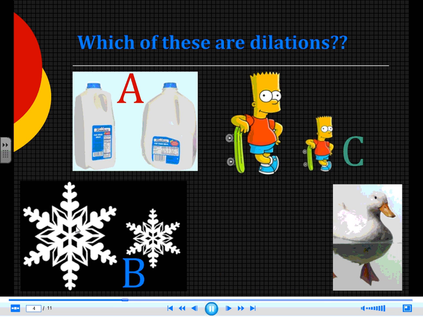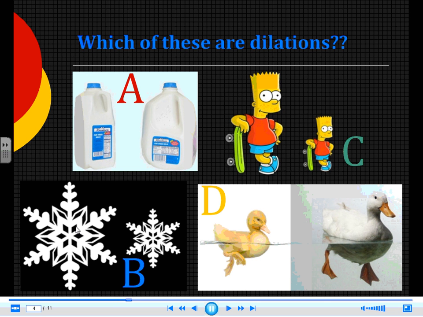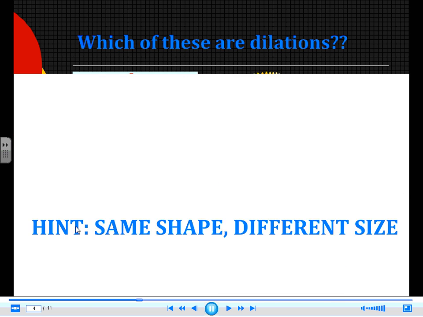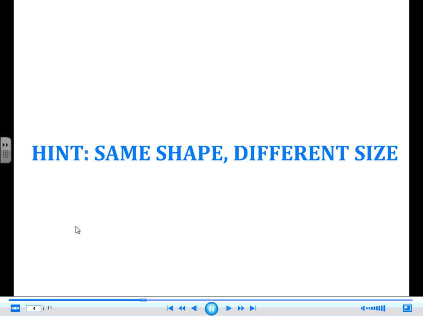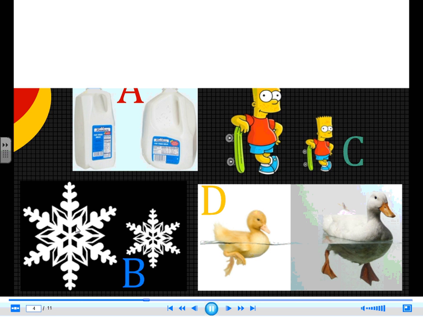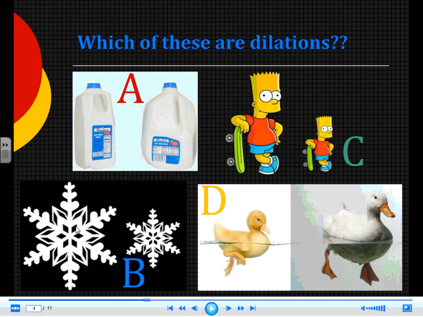Now take a look at the images. Can you see which ones are not dilations? Does everybody see which ones are not dilations? Okay, A is not a dilation, and B? Yeah. Okay.